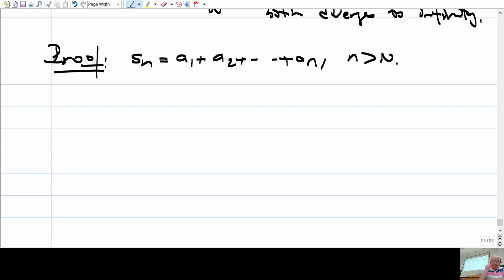Now, you see that this S_n can be written like this.